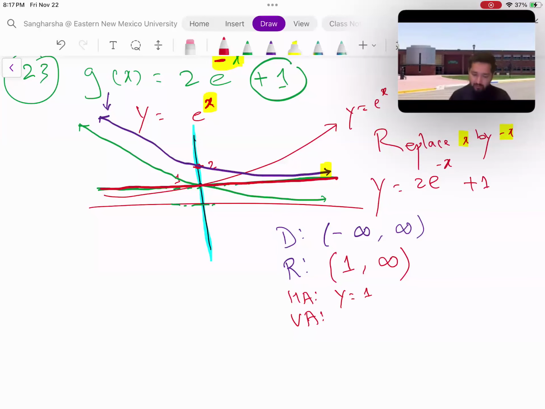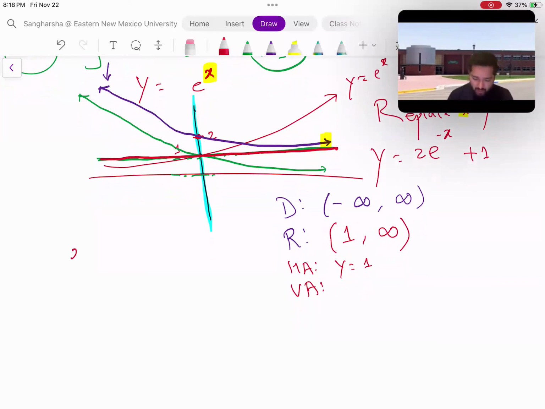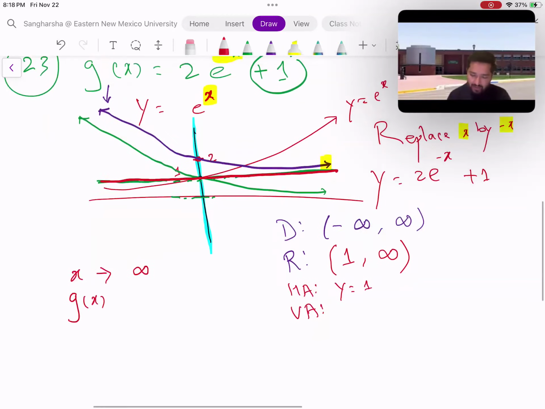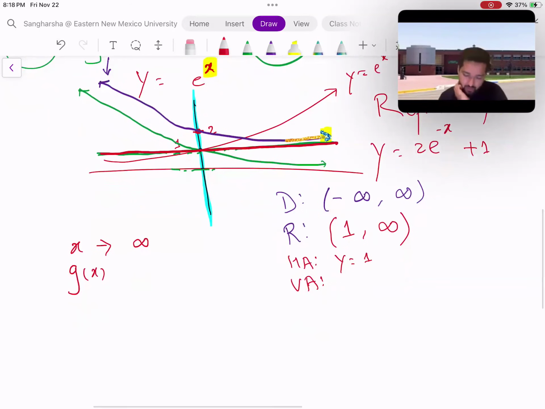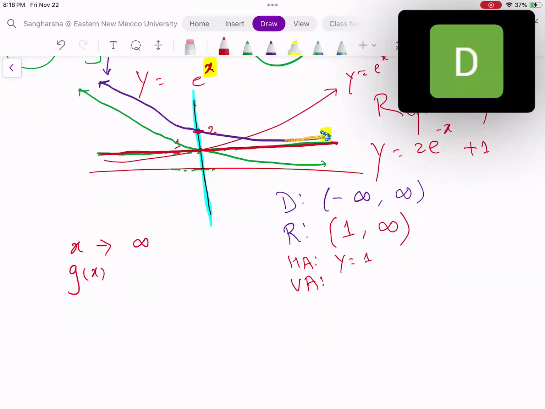Now for this graph, when your x goes to infinity, it means when you extend your graph all the way to the right, what happens to your function g of x? Who can tell me? What happens to the value of y, where does it go if you extend all the way to the right? It gets infinitely closer to 1.